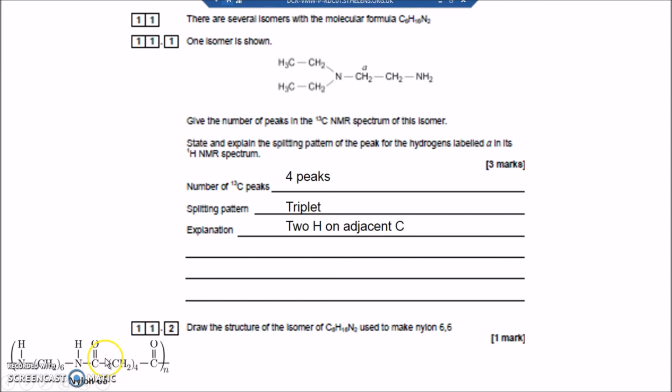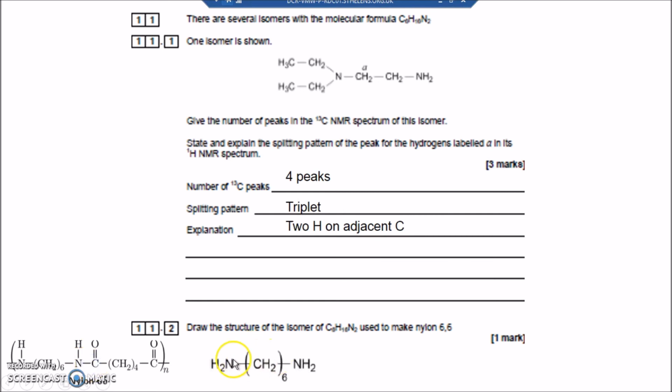And then the other monomer has a carboxylic acid group or an acyl chloride group. If it were a carboxylic acid group on either end, it would release water. If it was an acyl chloride, a COCl, it would release HCl. So there's been an NH2 on either end of 6 carbons, 6 CH2s, and the NH2 has reacted either with a carboxylic acid group to lose an H and an OH to make water, or with an acyl chloride to make H and a Cl.